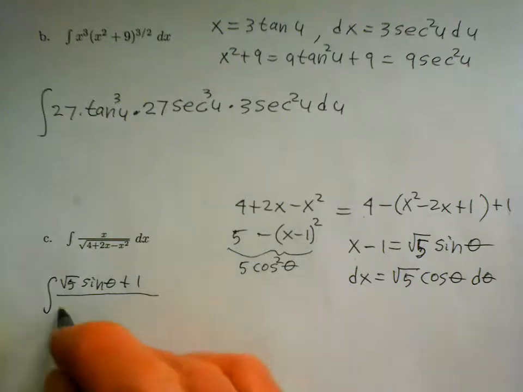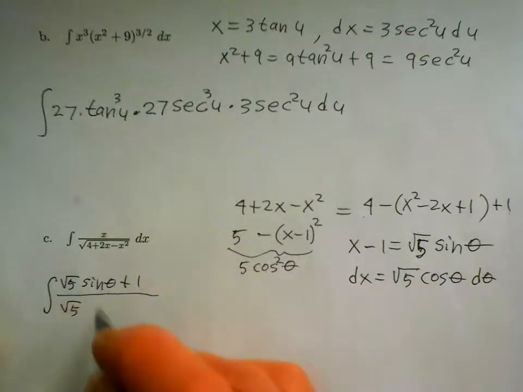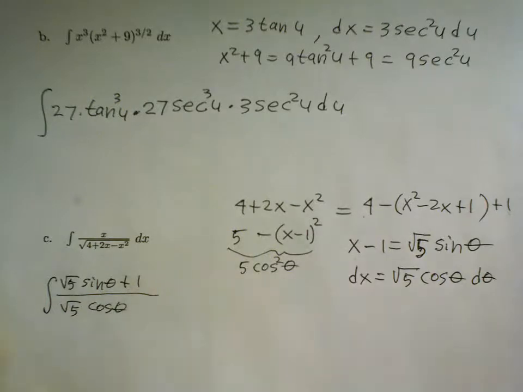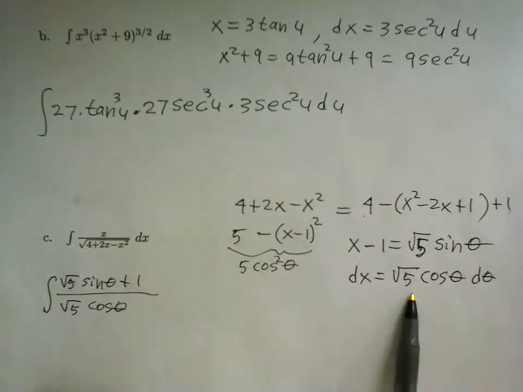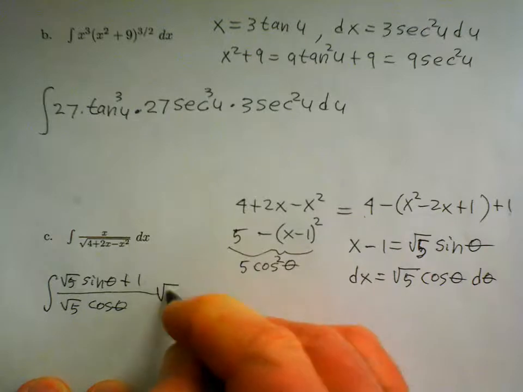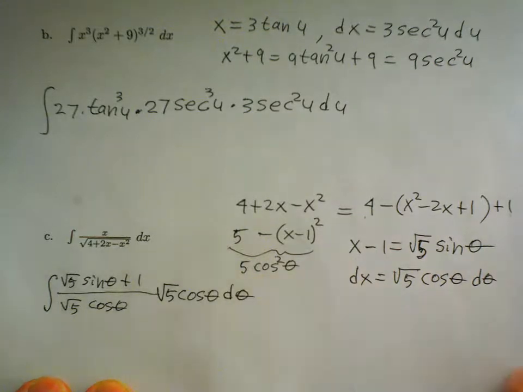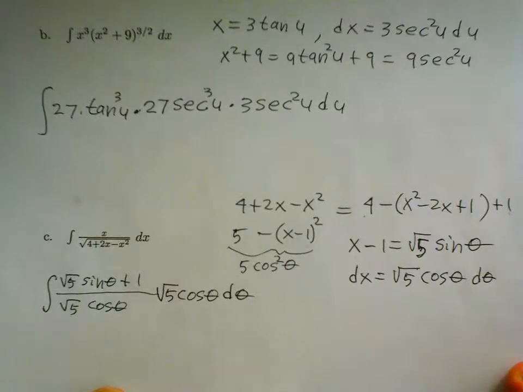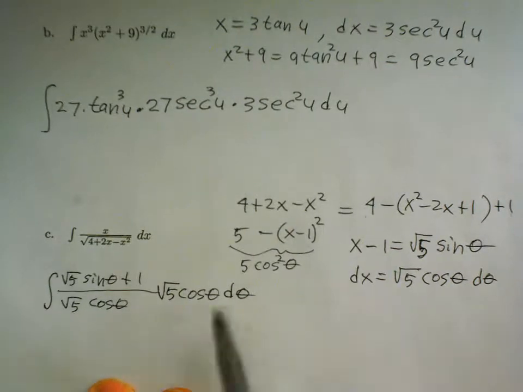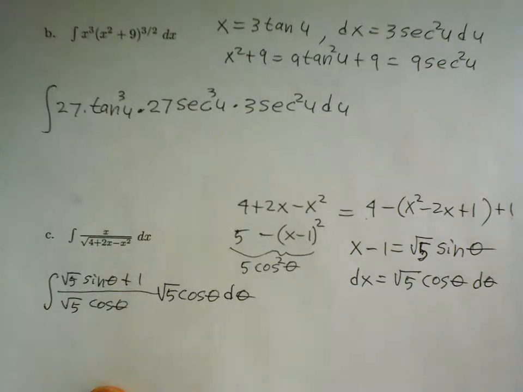So that's going to be the square root of 5 times cosine of theta. And then our dx is the square root of 5 times cosine of theta d theta. So that's as far as we'll take that one. Okay, we have less than 2 minutes left.